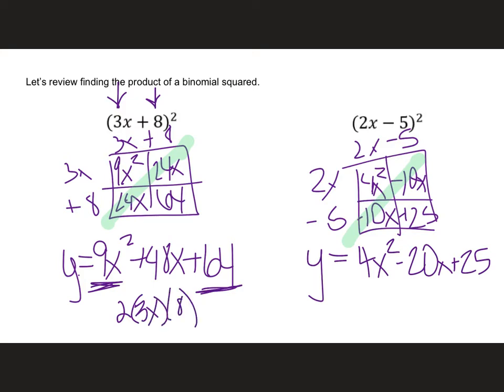And that's where we were getting 48x from. On this one, we would have done 2 times 2x times negative 5, which is where we're getting negative 20x from. So that leads us into how can we use that idea to factor if we already have the trinomial form.